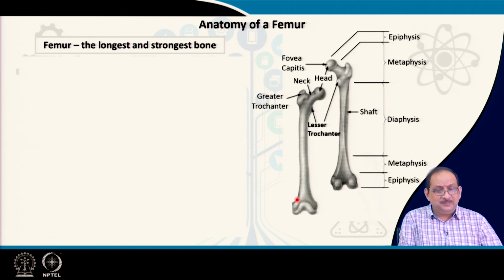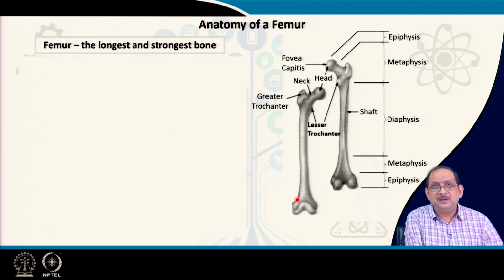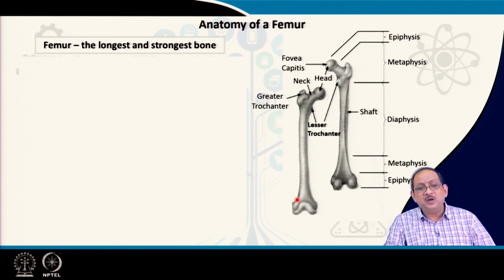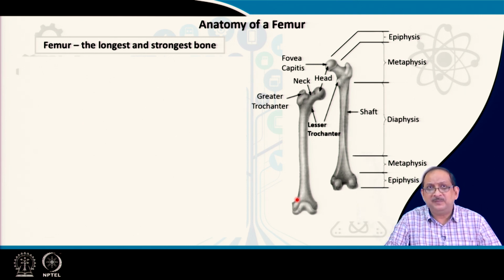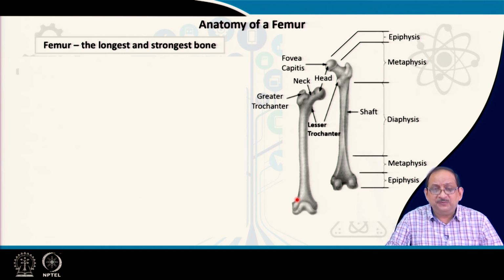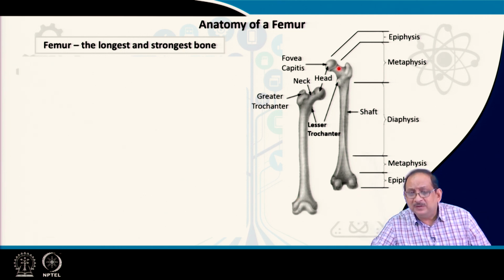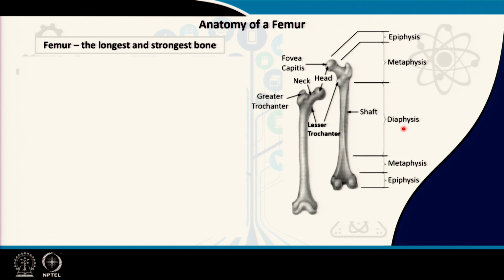Now, let us consider the structure of the longest and the strongest bone in the human body, the femur. The femur has three major regions: the epiphysis, metaphysis, and the diaphysis. The femur consists of several bony structures.